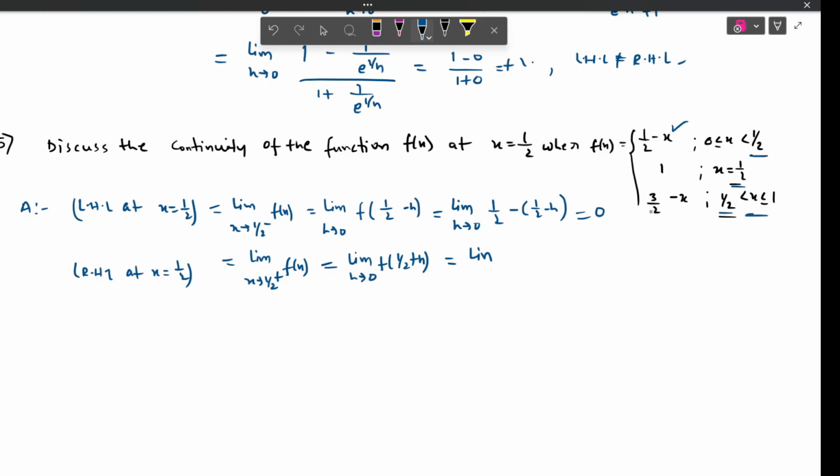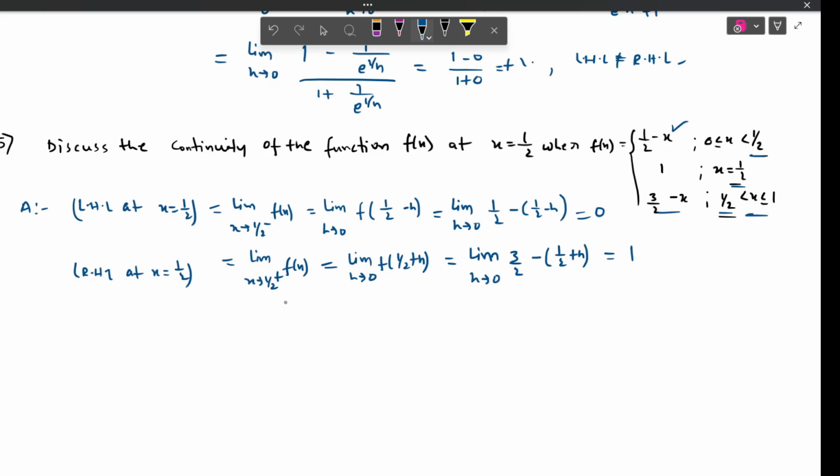So that means we have to take this function, right? So limit h tends to 0, in place of x we have to put half plus h. So 3 by 2 minus of half plus h. So it would be 3 by 2 minus half, that is 2 by 2, that is 1, and h is 0.